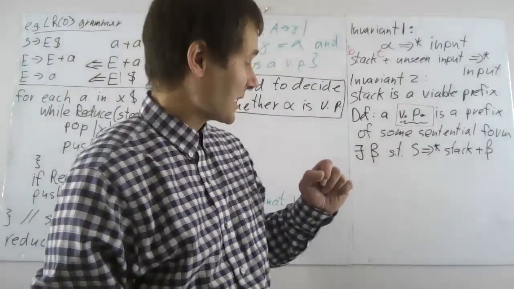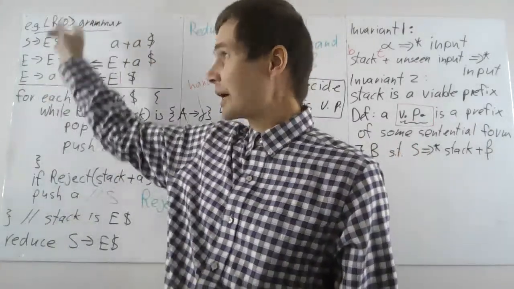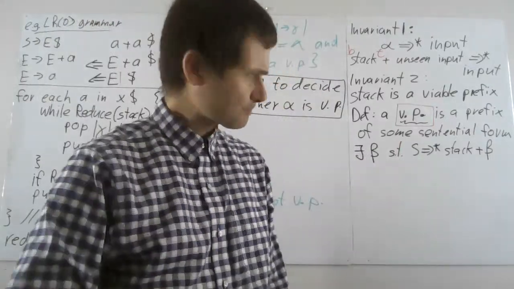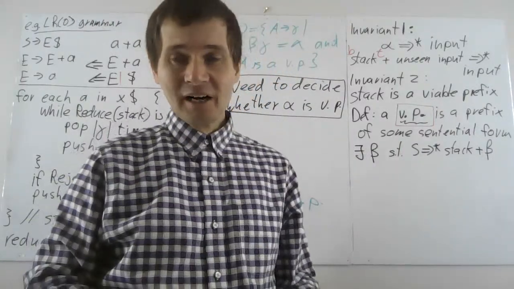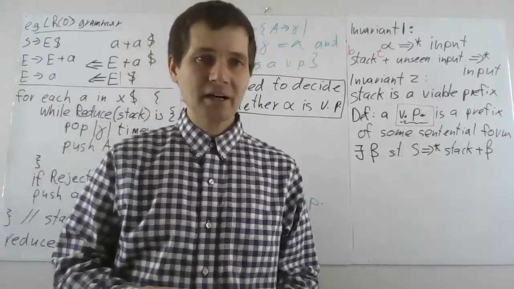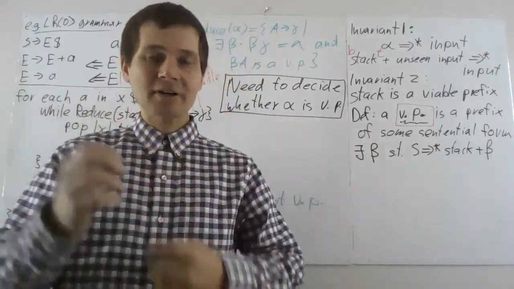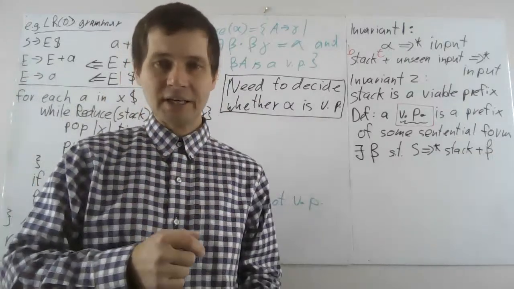There are infinitely many viable prefixes of sentential forms, even for this very simple grammar. It's even the case that the viable prefixes of a grammar are themselves a context-free language.